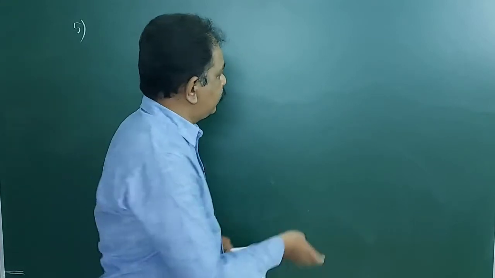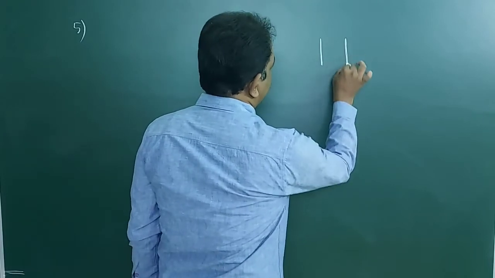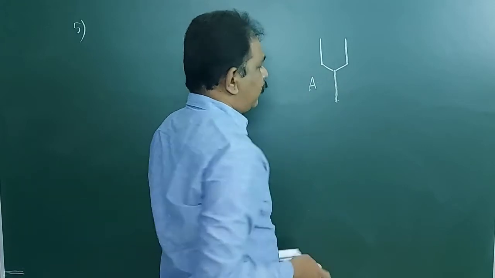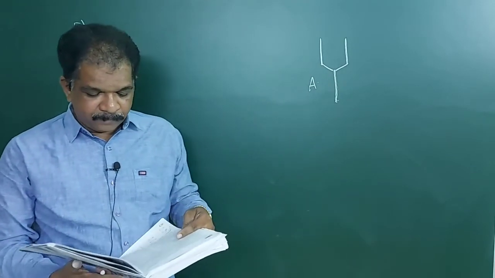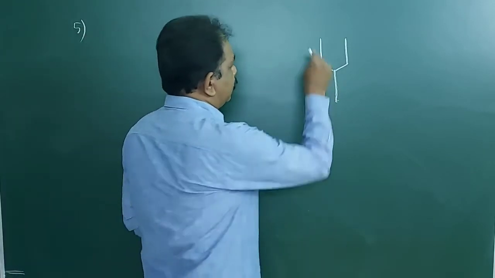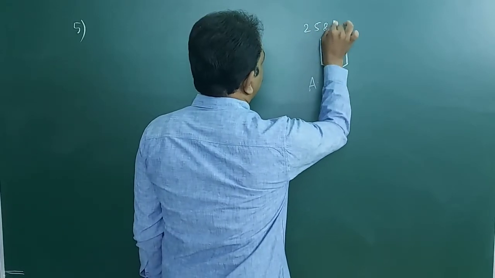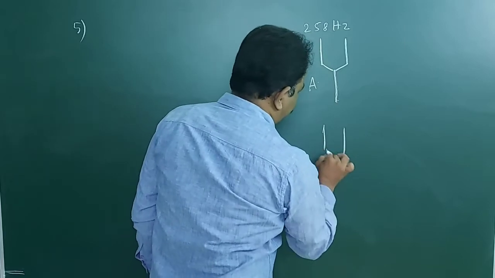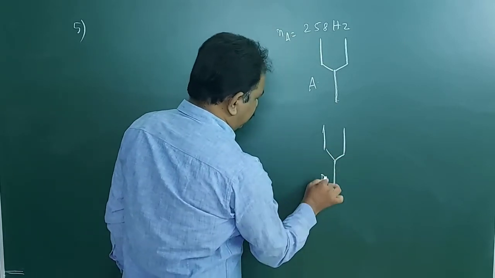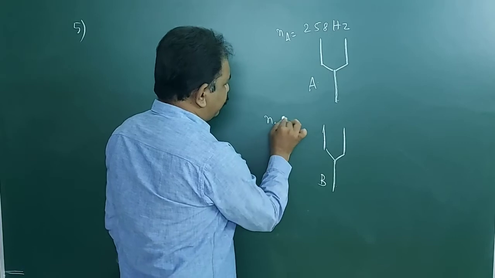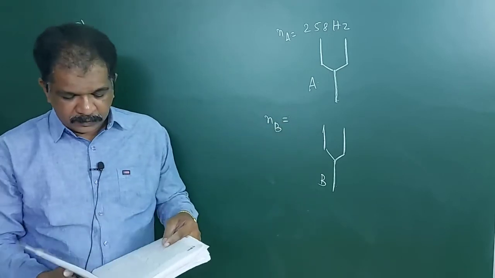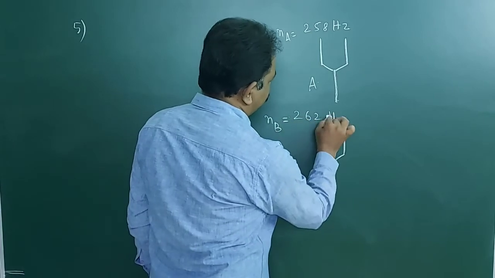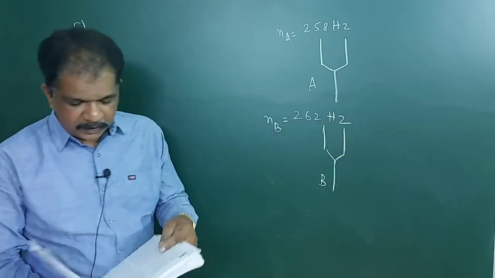So here one tuning fork is there, A. What is its frequency? 258. Here one more tuning fork is there, B. What is its frequency? It will be 262. Okay, they gave this one.